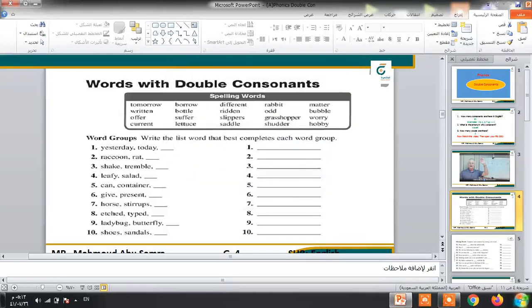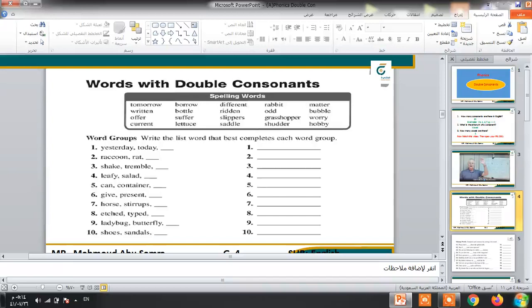Raccoon, rat, good, rabbit, shake, tremble, yes, shudder, leafy, salad, very good, lettuce. Can, you know the can? Garbage can, container, good, bottle.